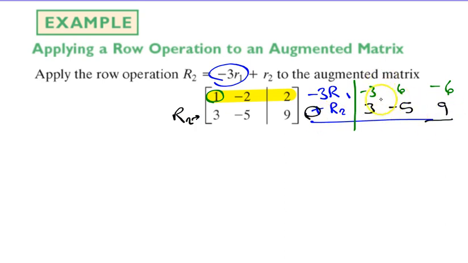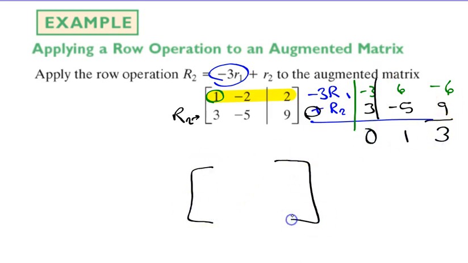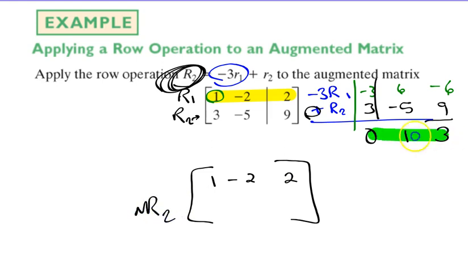And it tells me to add them, so adding straight down, I'll get 0, 1, and 3. If I rewrite this, the only row that changes is the row that we're changing. So we have a new row 2, so nothing happens to row 1. So 1, -2, 2 stays the same, and my new row 2 is right here in green. And I'll just transfer that down here, 0, 1, and 3.